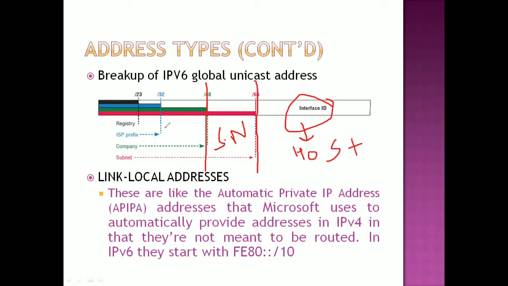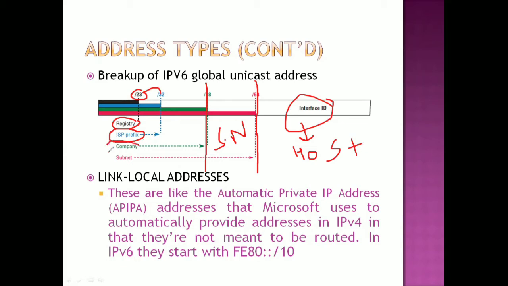Now the starting 48 bits: the first 23 bits are for the registry purpose, and the bits from 23 till 32 are the ISP prefix. That is whatever the internet service provider is using the field to identify itself.